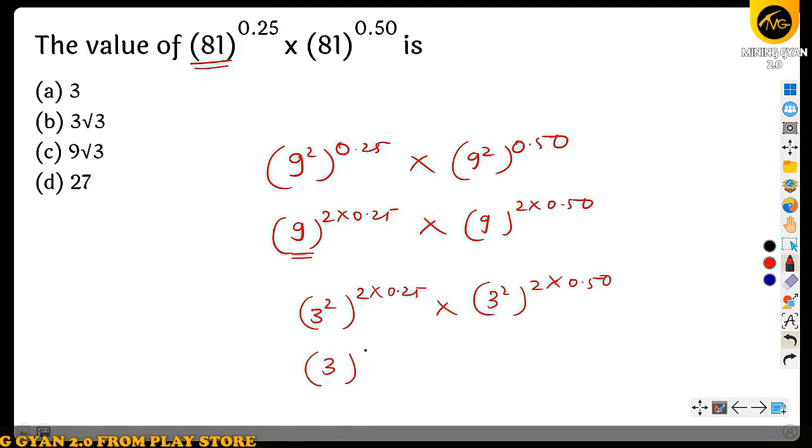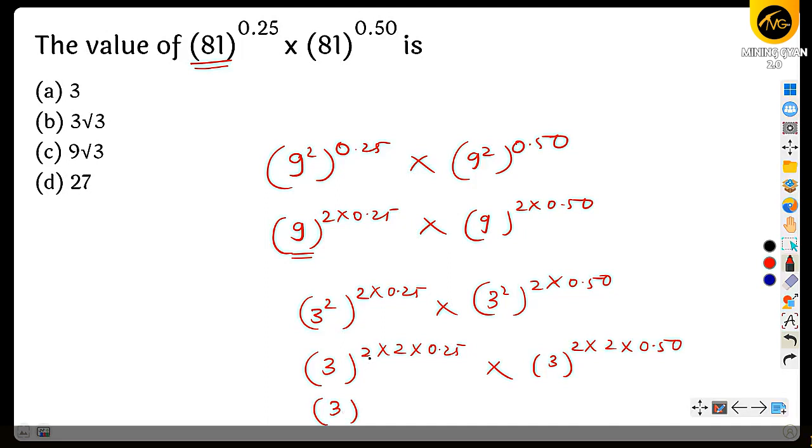Now 3 power 2 into 2 into 0.25 multiply 3 whole power 2 into 2 into 0.50. Now 3 whole power, what will be 2 into 2 into 0.25? That means 4 into 0.25, that means 1, right?